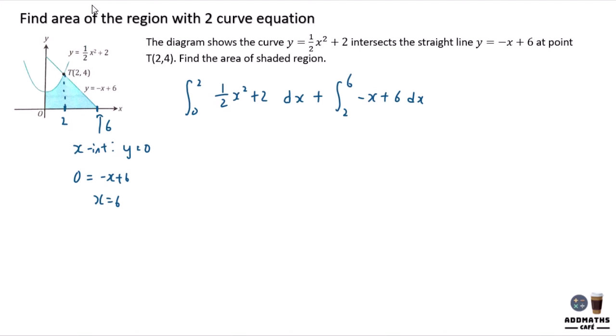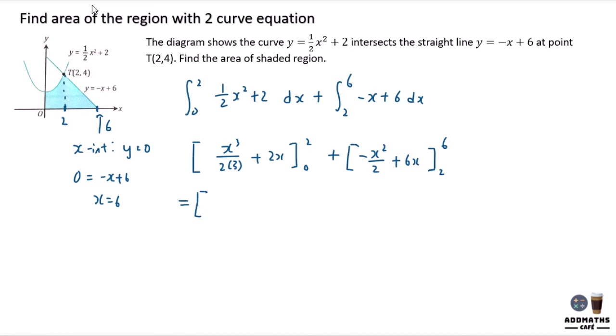So now let's solve this. Integrate this to get x cubed over 2 times 3 on the denominator, applying 0 to 2. And same goes for the second part, negative x squared over 2 plus 6x from 2 to 6. The first part will give you 2 cubed over 6 plus 4 minus 0.